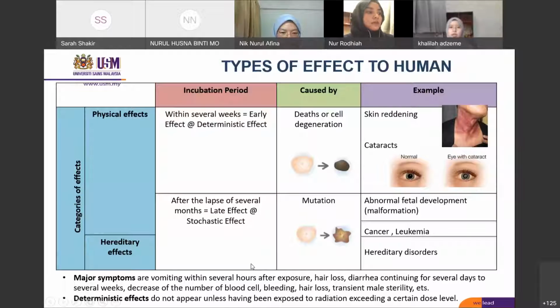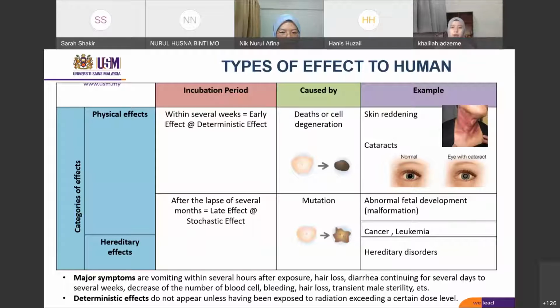The early side effects are also usually related to the area being treated, such as a mouth problem when the radiation treatment is given to this area. And then the late effects appear after a lapse of several months or years.